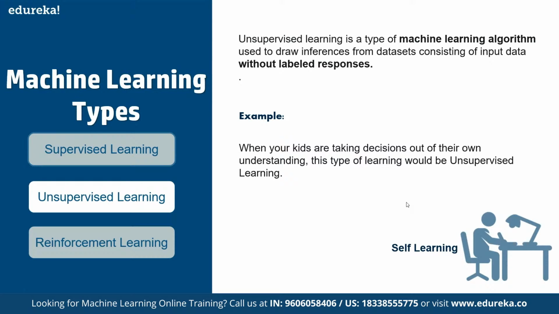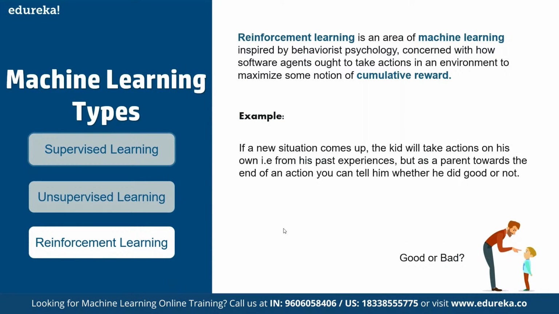Then afterwards, we have reinforcement learning. Reinforcement learning, as the name suggests, is simply training by example. In simple layman terms, it is a simple hit and trial method of learning.